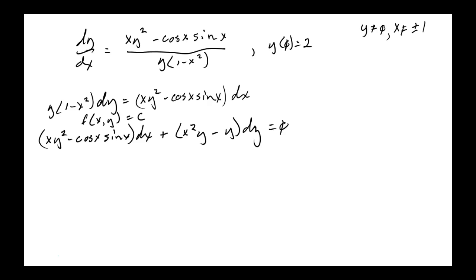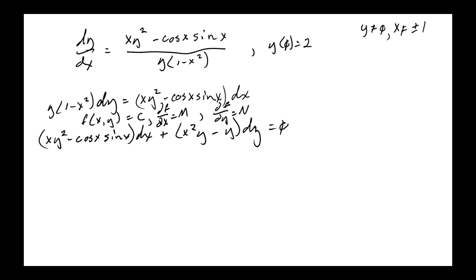And with that assumption, you know that the partial of f with respect to x is equal to this M, and that the partial of f with respect to y is that N. Those are the three things we know. That's our answer when we finally can find it, and these are the two pieces we're going to use to get there.